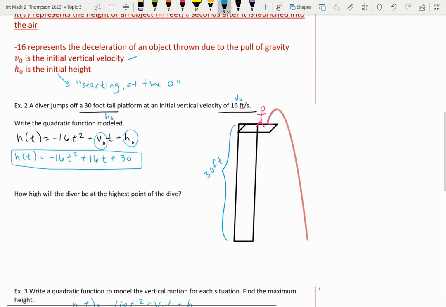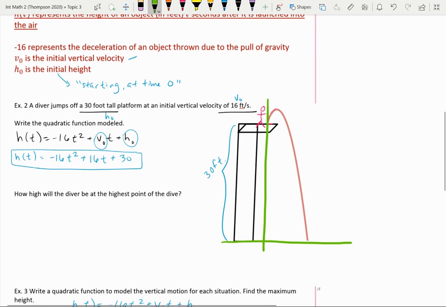Now the next part of the problem says, how high will the diver be at the highest point of the dive? Let's put this picture into some context here. So I'm going to draw on some axes. I've got a vertical axis and a horizontal axis.